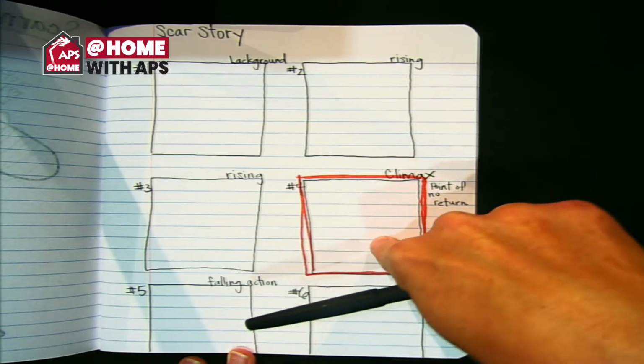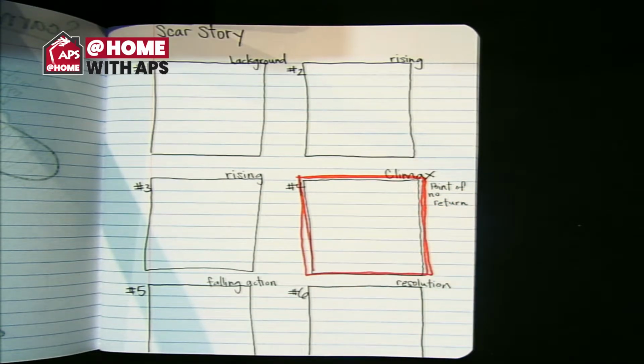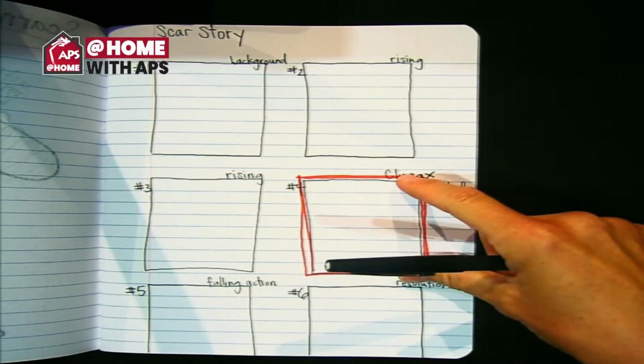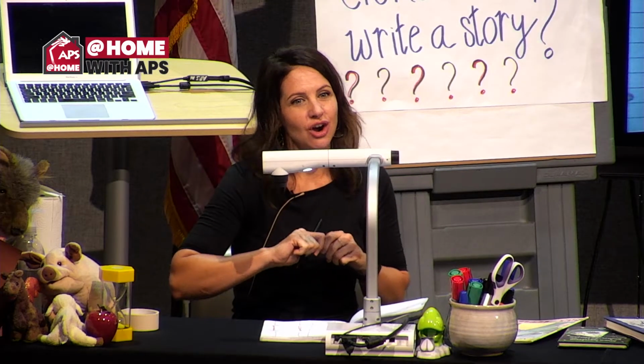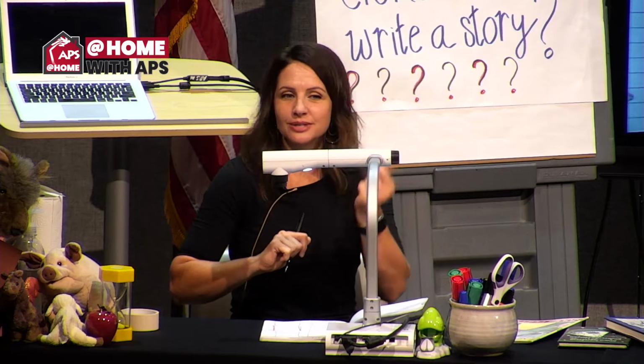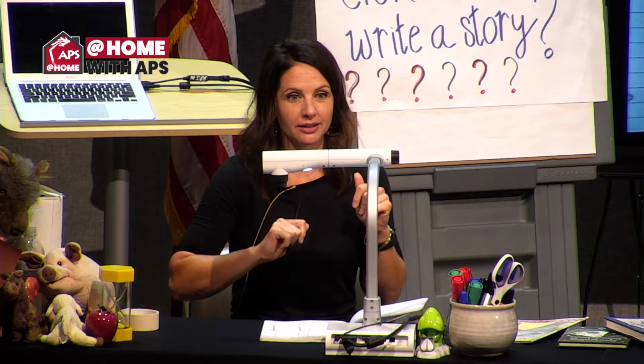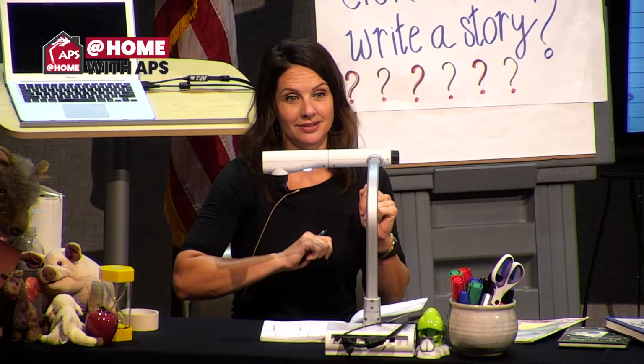This is where I'm going to draw the exact moment. I'm going to draw what happened in box 4 before I draw any of the other boxes. Because usually, when someone sees a scar or hears that you got hurt, you tell them the most important part. You tell them the climax.